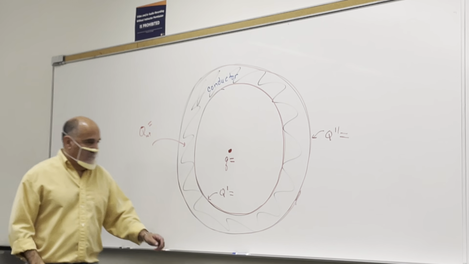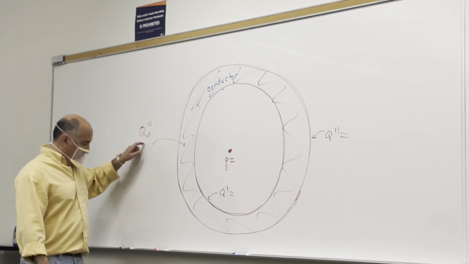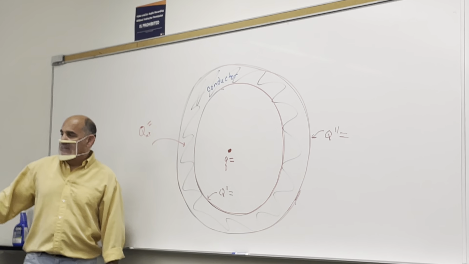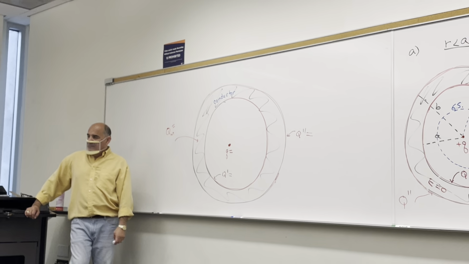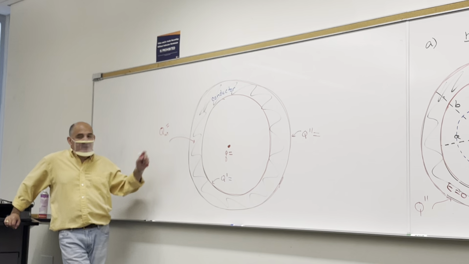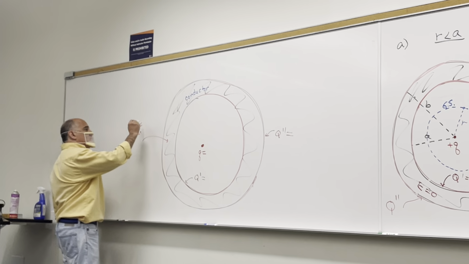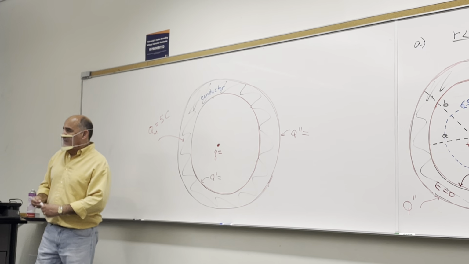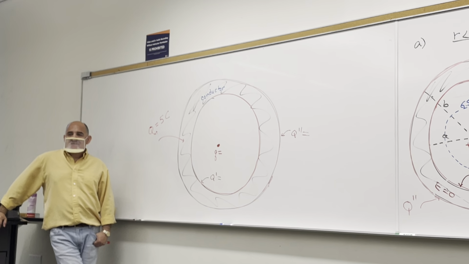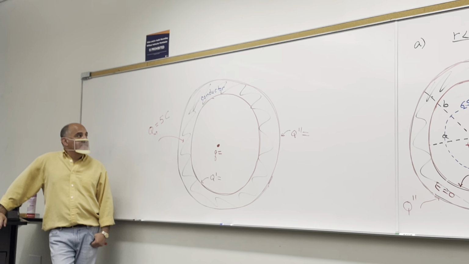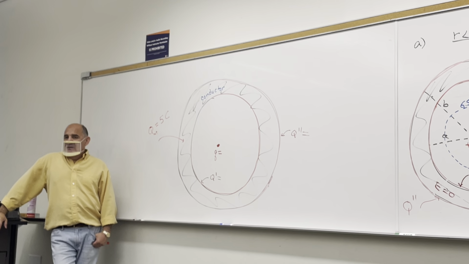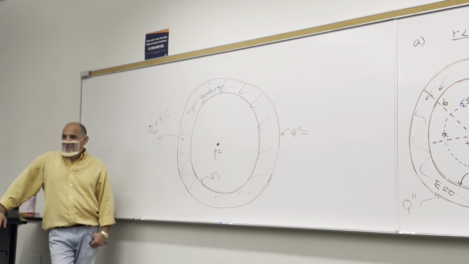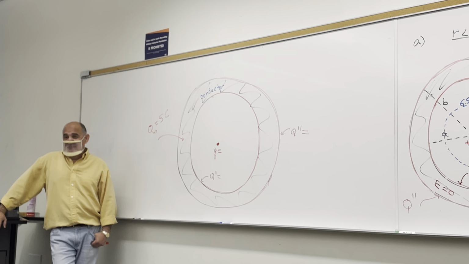So, what would you like this charge to be? I'll let you choose. 5 coulombs? Cool, I like it. I was born on September 5th. Same as Freddie Mercury.